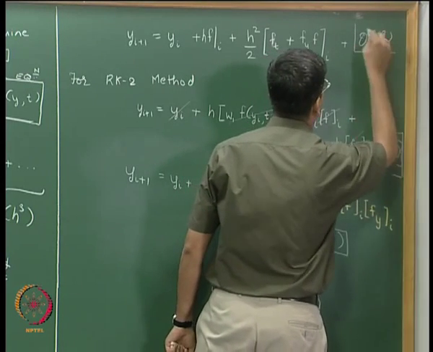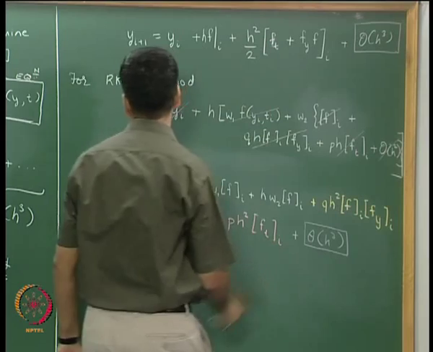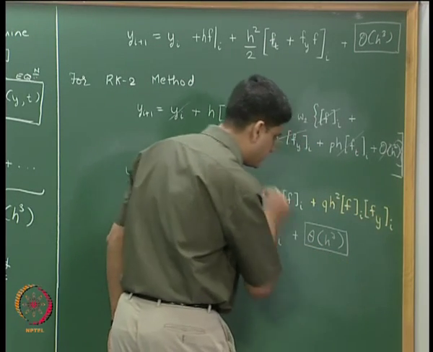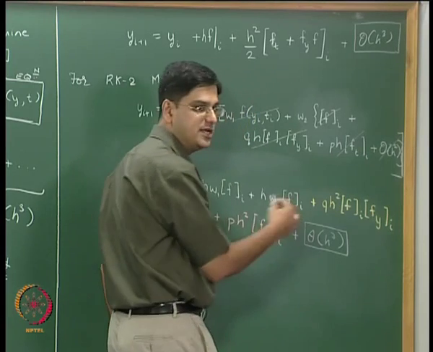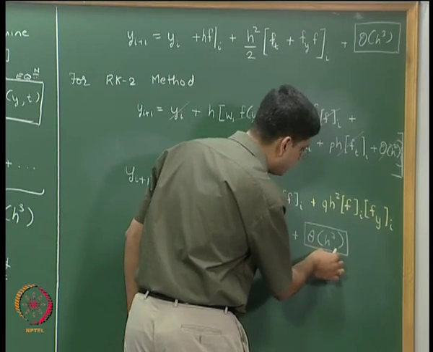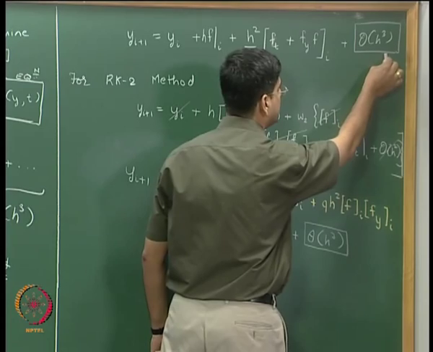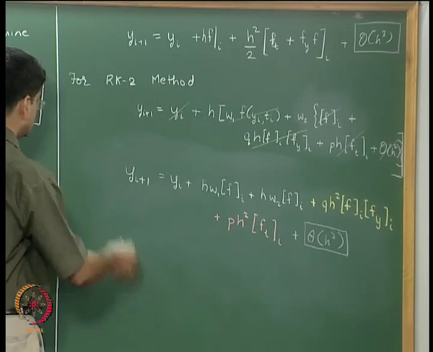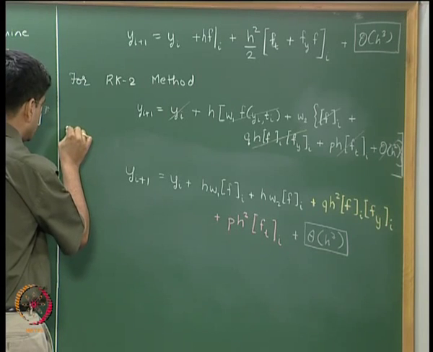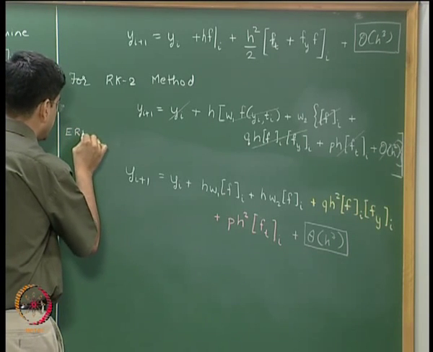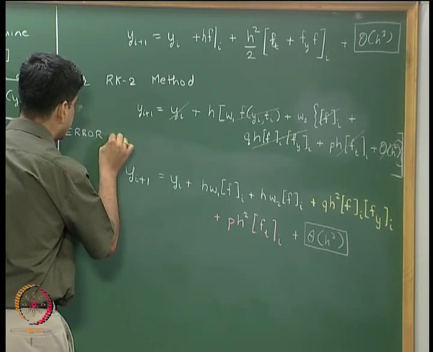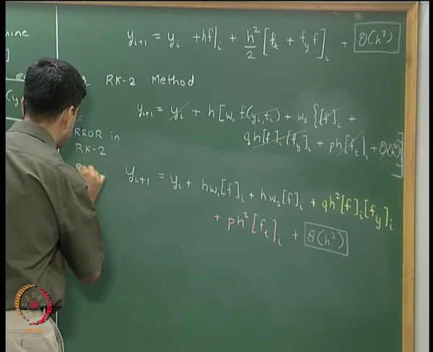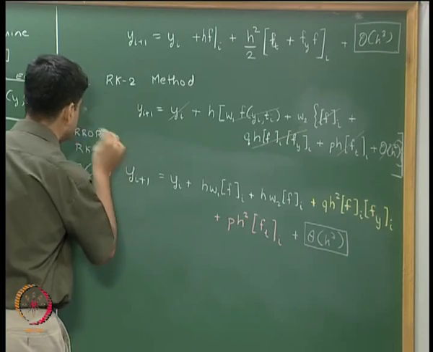So the leading term in the terms that we are going to throw away here also is of the order of h cubed. So I will write down that the error in RK2 is order of h cubed.